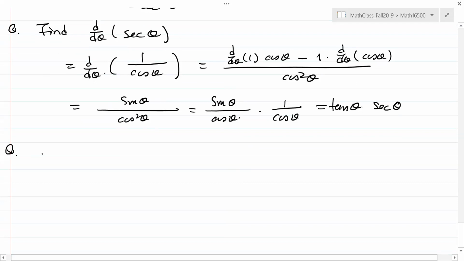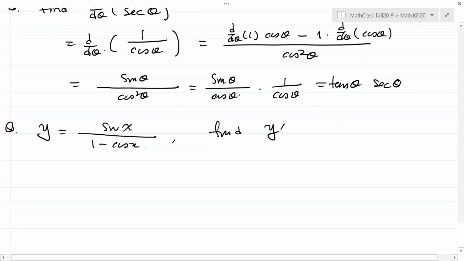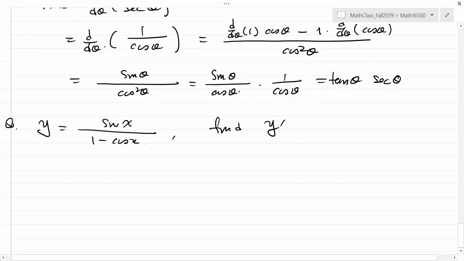There are some interesting phenomena you will see. I assume y equals sine x over 1 minus cosine x. I want to find the derivative of y with respect to x. This function has many forms. Whenever you see 1 minus cosine x, I can multiply it by 1 plus cosine x.